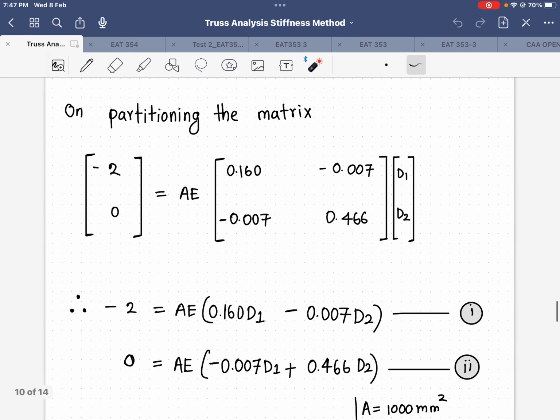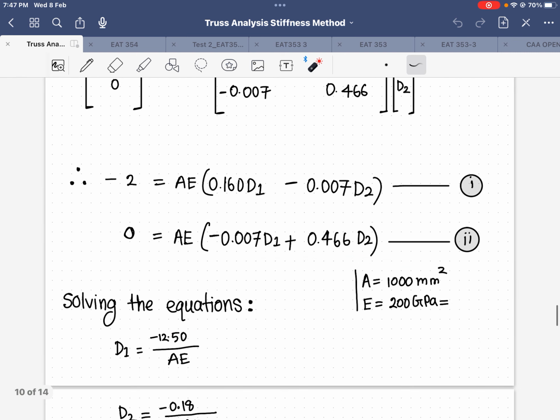In the same way I will follow for 0 equals this second equation. When we form the first equation and second equation, we have to find the area and the E. The area and the elastic modulus value, 200 gigapascal, are already given.